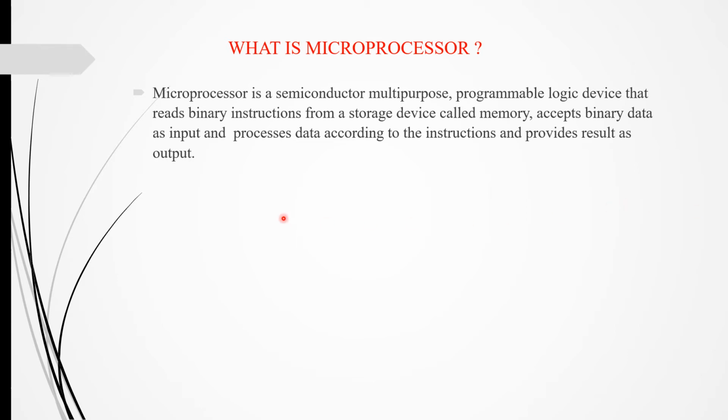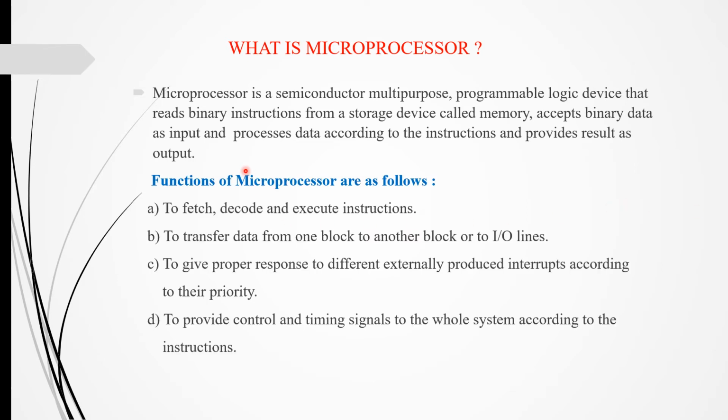Now we will see functions of microprocessor. So these are the functions of microprocessor. To fetch, decode and execute instructions, to transfer data from one block to another block or to input-output lines, to give proper response to different externally produced interrupts according to their priority, and to provide control and timing signals to the whole system according to the instructions.